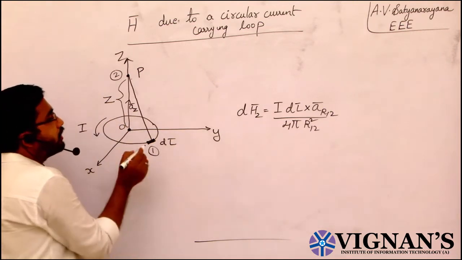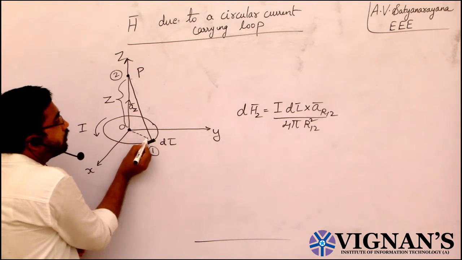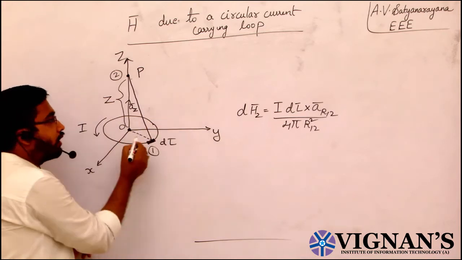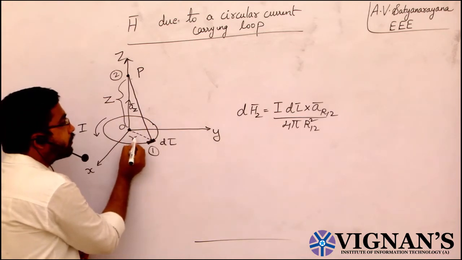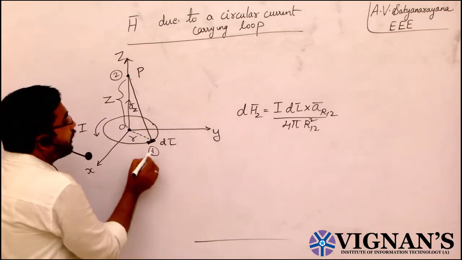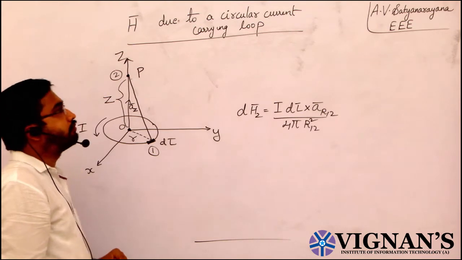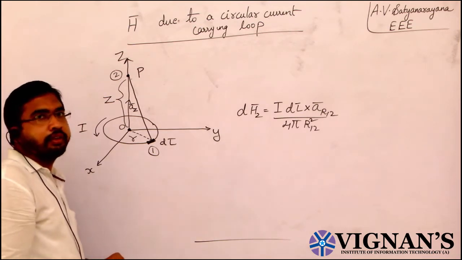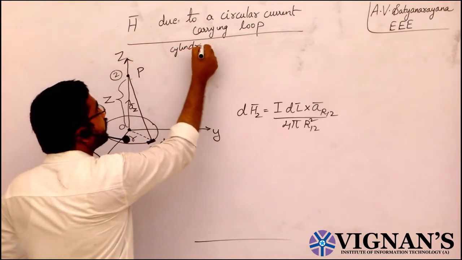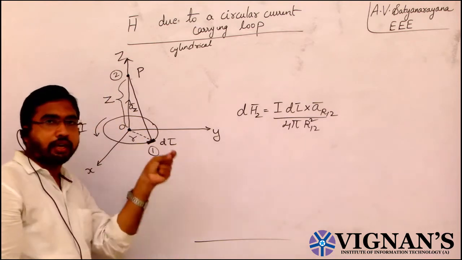Now let us mark the distances. The distance from the origin to this differential length is, consider the radius of this circular loop as some r. And actually if you consider the cylindrical coordinate system, what is the unit vector that is perpendicular to the surface?